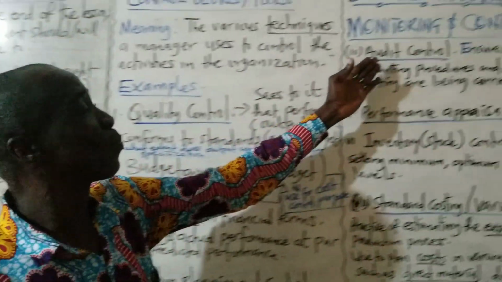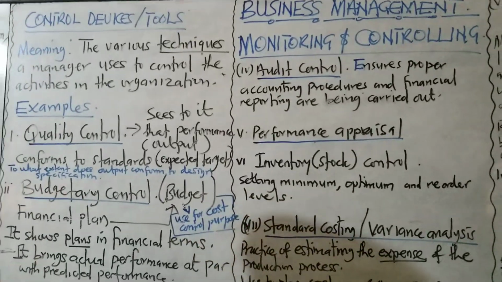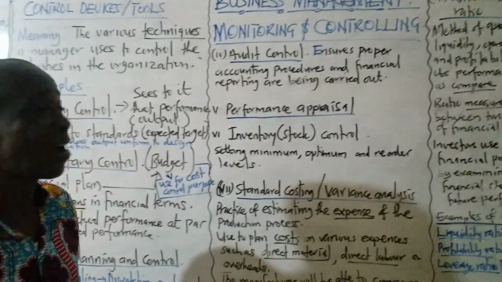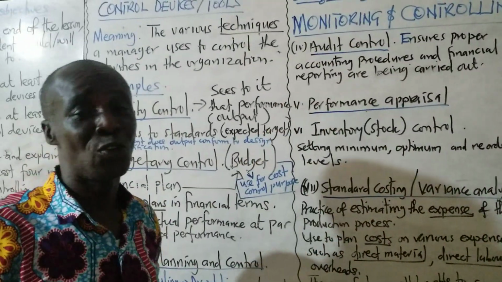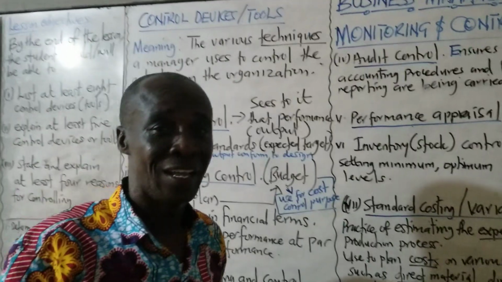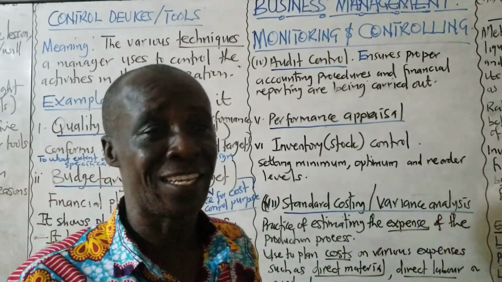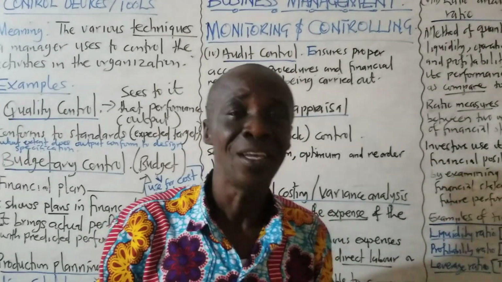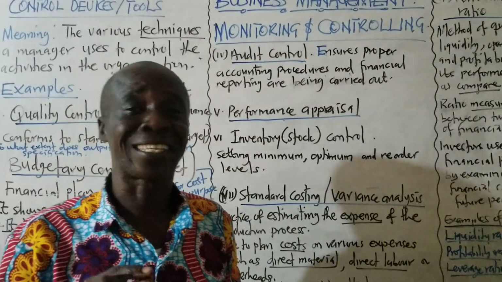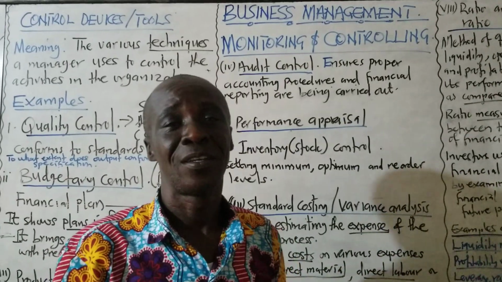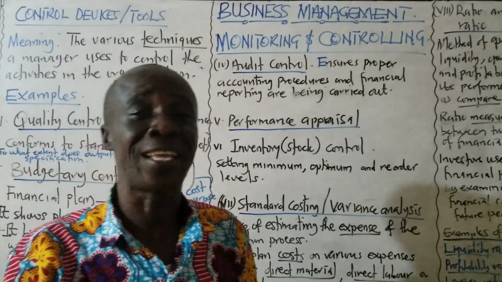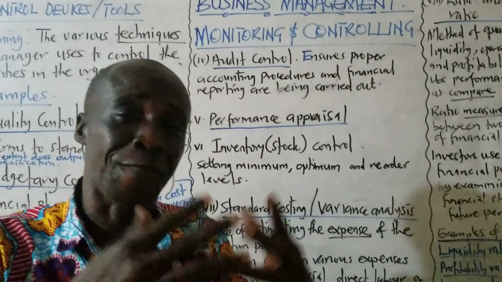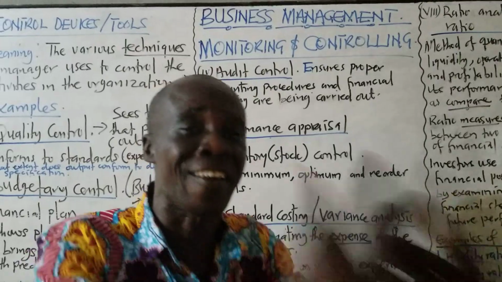Then you move to audit control. Some of you one day will become auditors, and you probably know what it means to become an auditor. So audit control: you have accountants. They prepare financial statements, and they give financial reports, and so on and so forth. Now, the accountant has somebody who checks him so that he doesn't do the wrong thing, whether he is following the right procedure and financial reporting is being carried out.